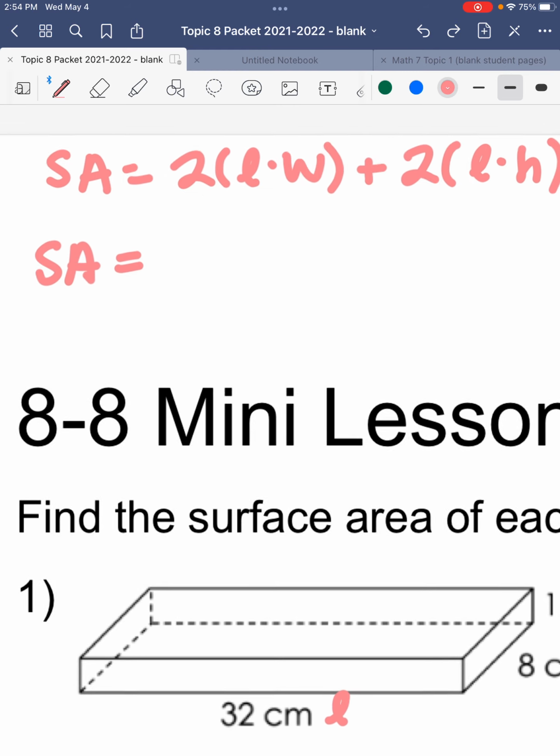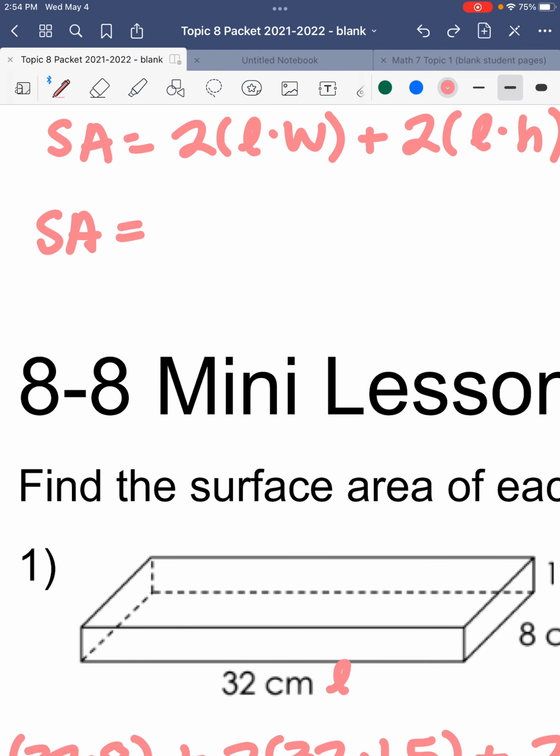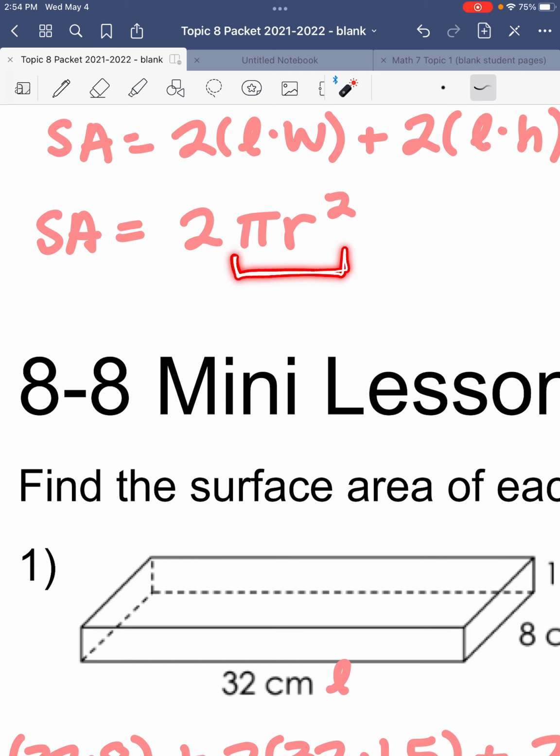So my formula for surface area of a cylinder is 2 times pi times the radius squared. Well, think about that. If you remember, pi times the radius squared is the formula for area of a circle, and I have one on the top and one on the bottom, or I have two of them, so I multiply it times 2.